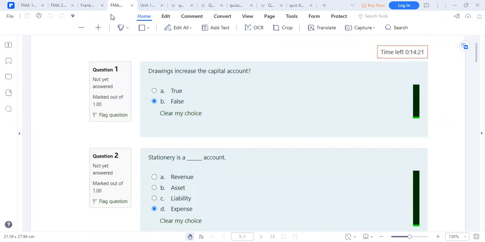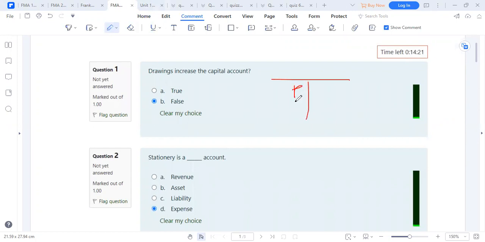On the credit side. So to increase capital, we credit, meaning to decrease capital, we debit. Do drawings increase capital? No, they reduce it. I actually mentioned it.